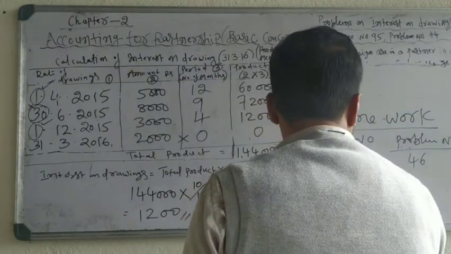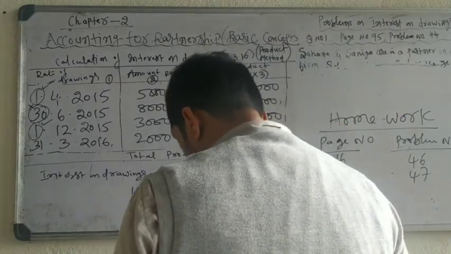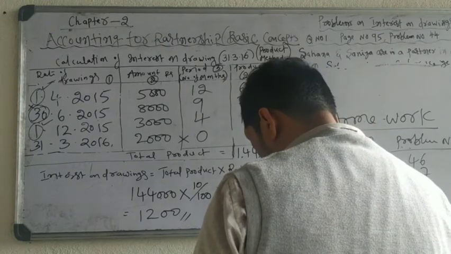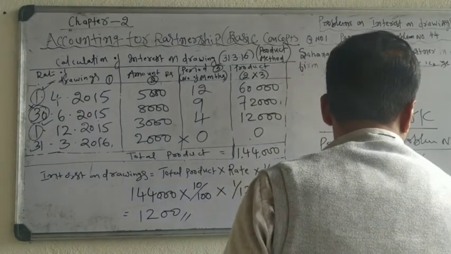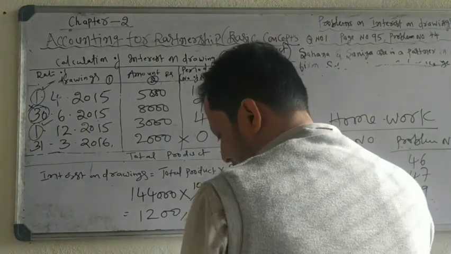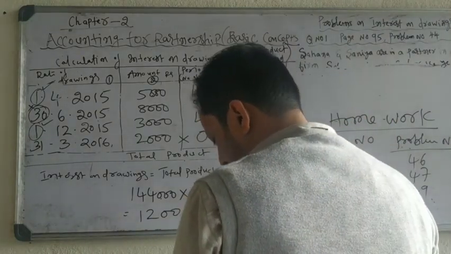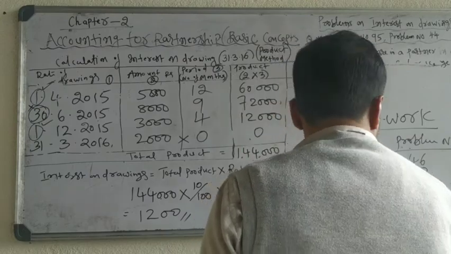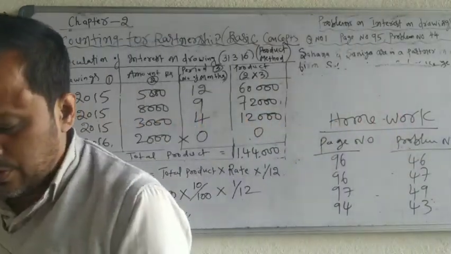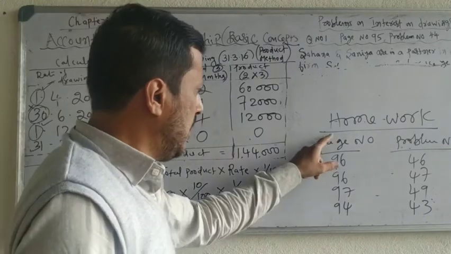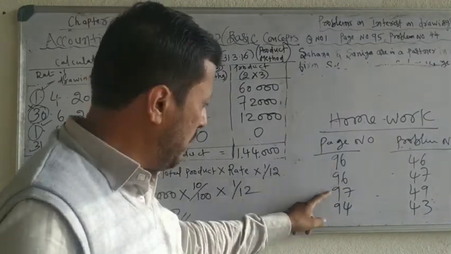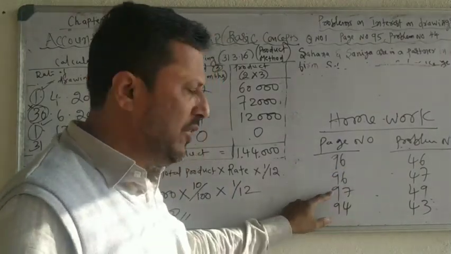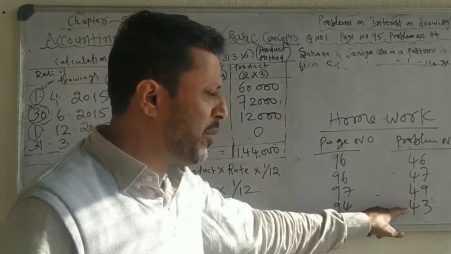Page number 96, problem number 47. Page number 97, problem number 49. Page number 94, problem number 43. Okay, so I will give you 4 homework problems.